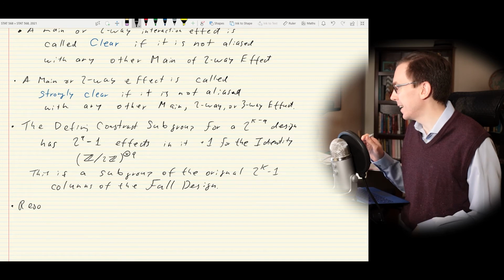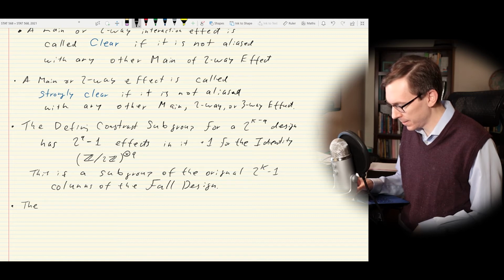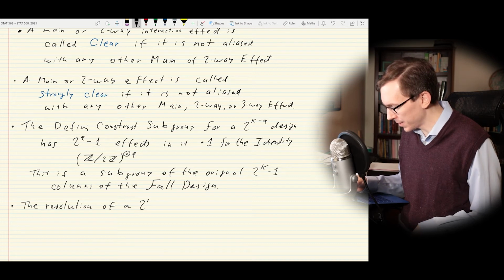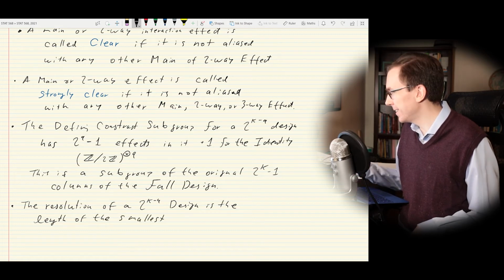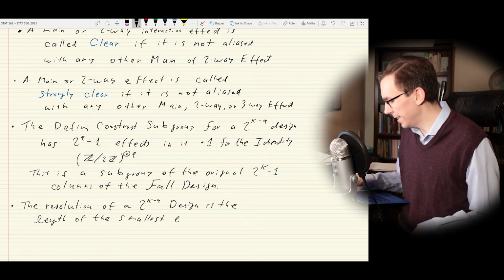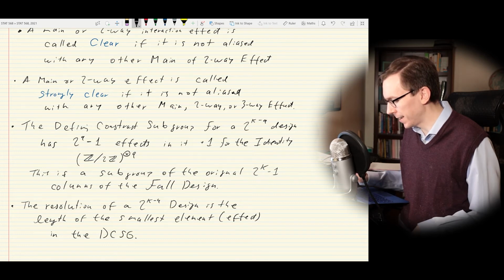The resolution of a 2 to the k minus q design is the length of the smallest element effect in the DCSG, the defining contrast subgroup.